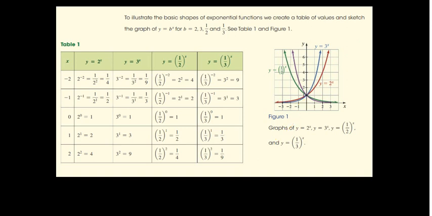Why? If I plug 0 in for x into any of these, anything raised to the 0th power is going to be 1. That's why the point 0, 1 occurs in every one of these exponential functions without any horizontal or vertical shift. So 0, 1 is our landmark.